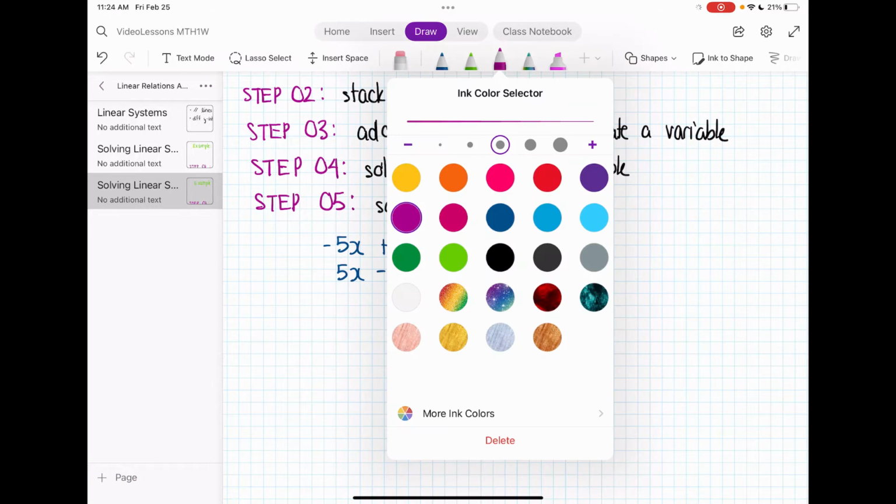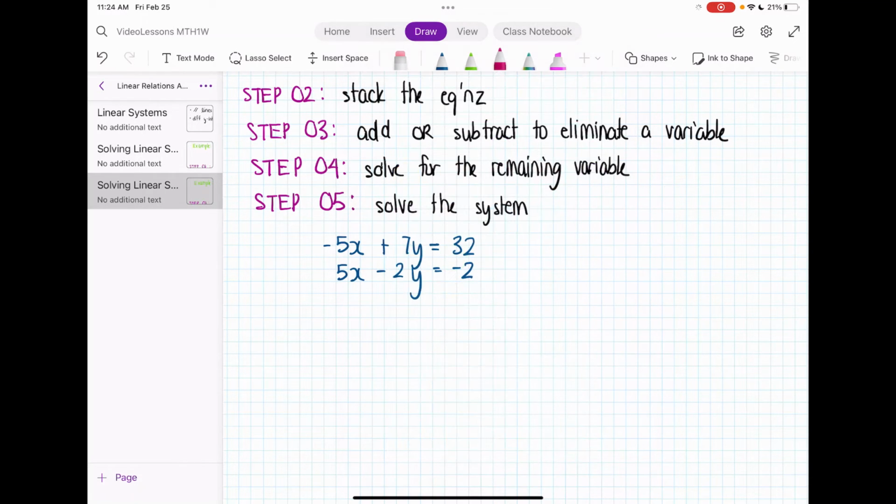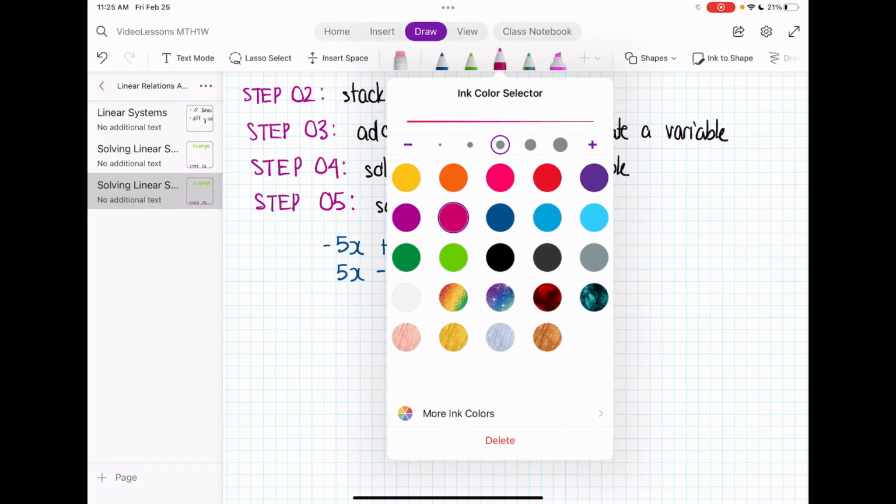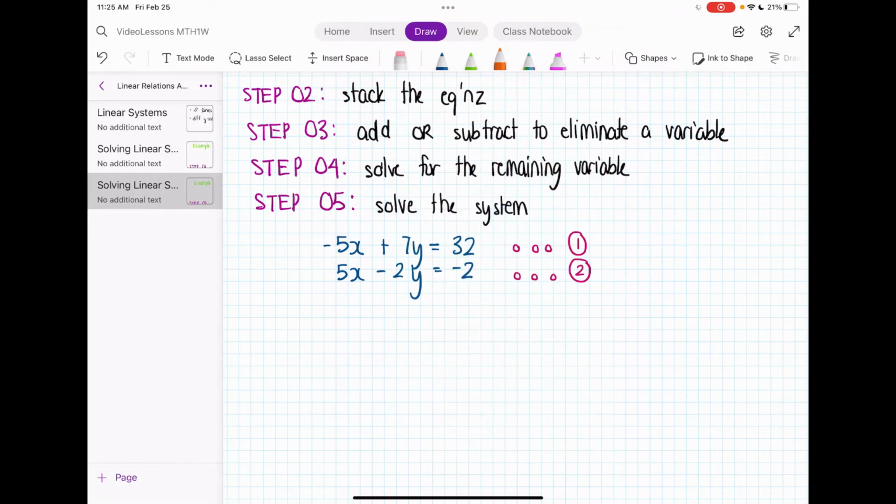I'm going to put in my equation numbers again, just so that I have them there. And I prefer to put my operation in another color so it stands out from my work, and you push it a little bit to the side so that you can see it clearly.